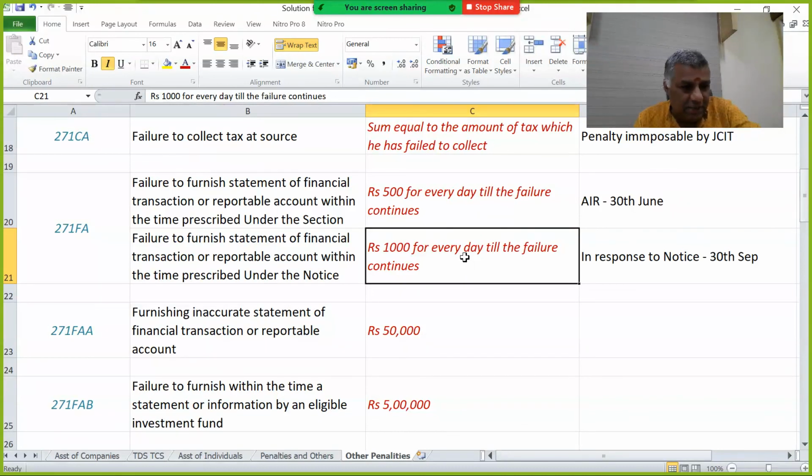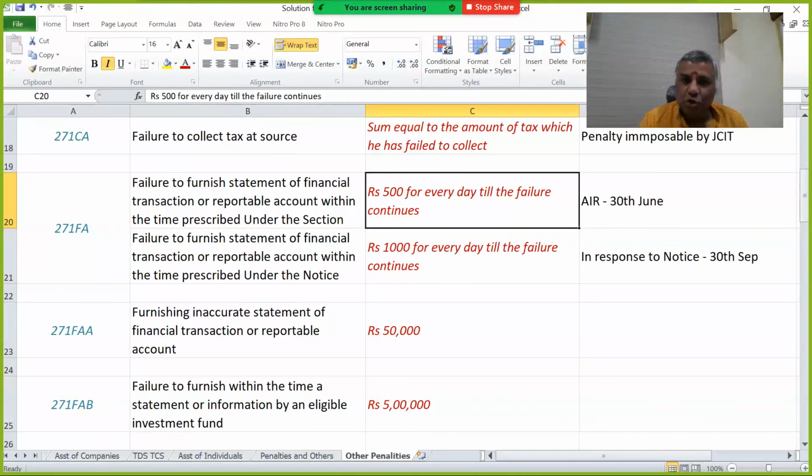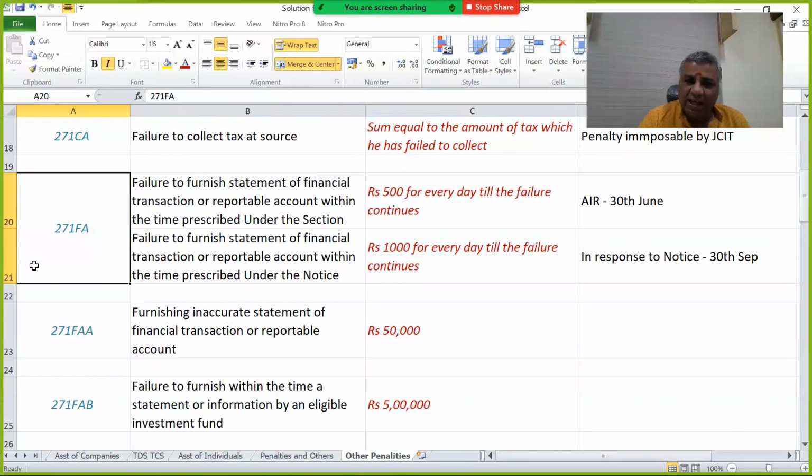This is a serious penalty now, because unless the assessee knows, he cannot declare it as income. REIT, securitization trust, or investment fund, they should tell the assessee how they have earned the income, in the same proportion as it is distributed to the assessee. So 271FA is the one which is going to levy penalty for that.